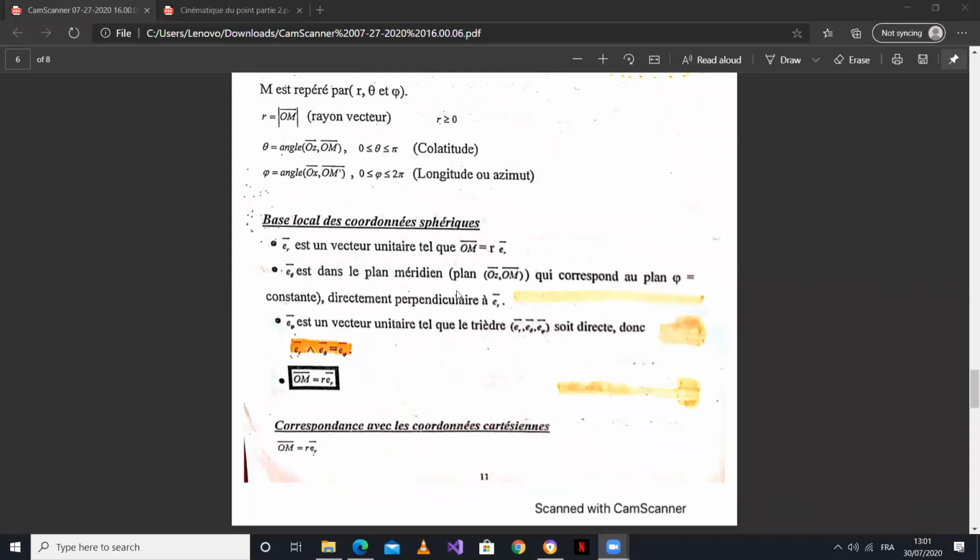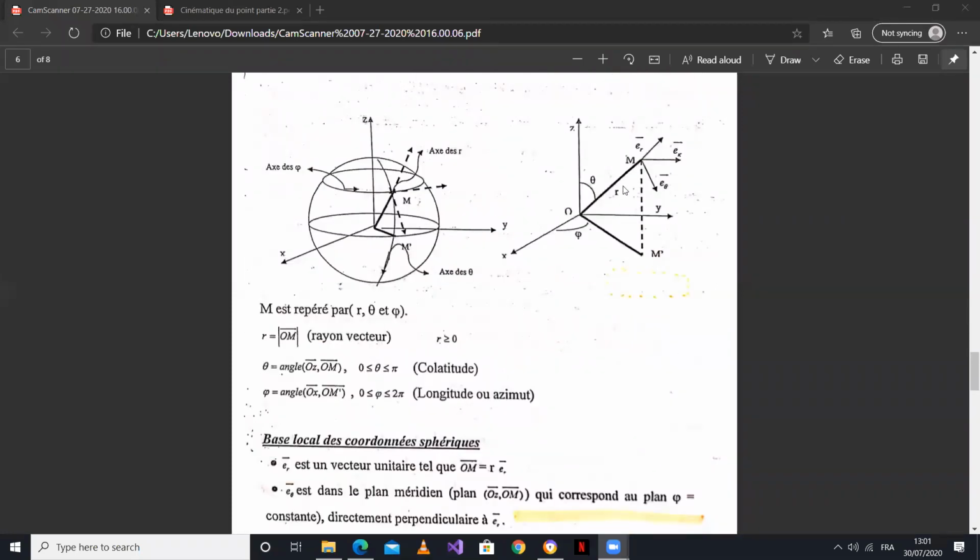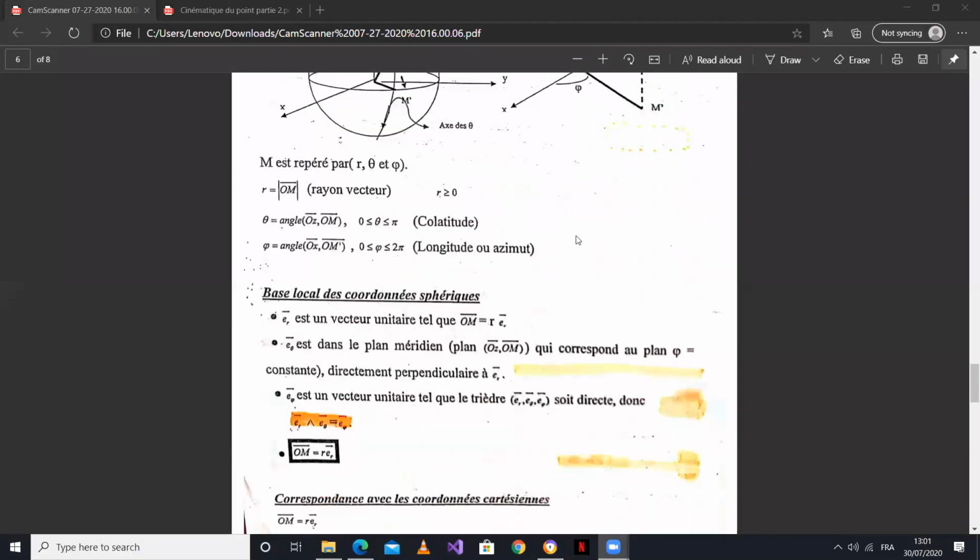That's all we need for now to tell us the position of a point in the spherical coordinate system. We just need the radius and the direction of the radius, and we find our point using the distance between O and M and the direction e_r. Is it clear? Yes, it is clear.